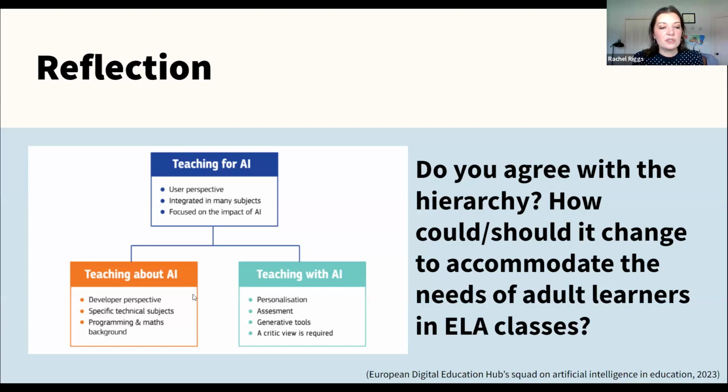And then we've also heard them say that teaching about AI may not be as high of a priority because it's so technical and it really depends on what an adult learner's goals are for enrolling in adult education.